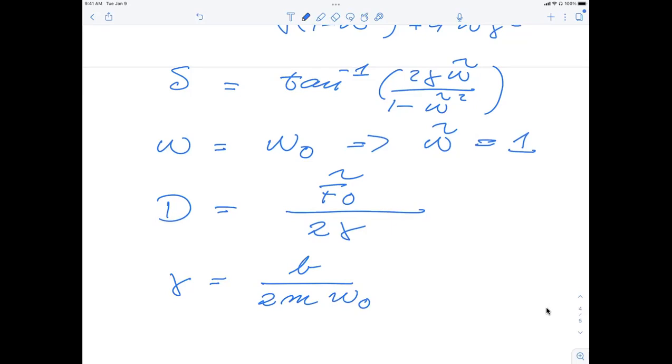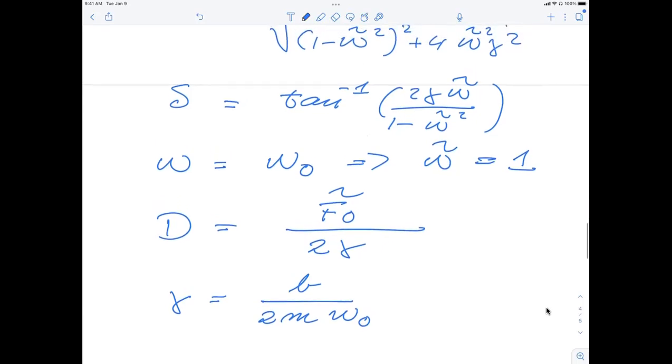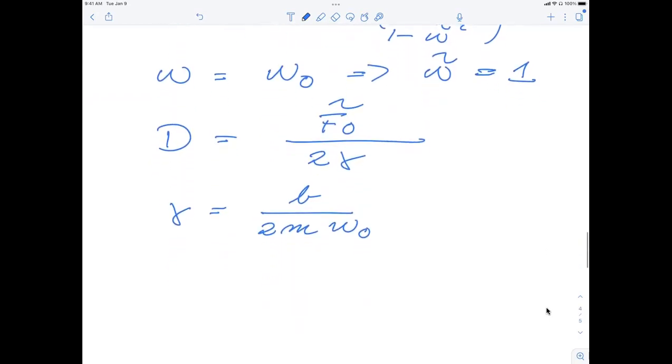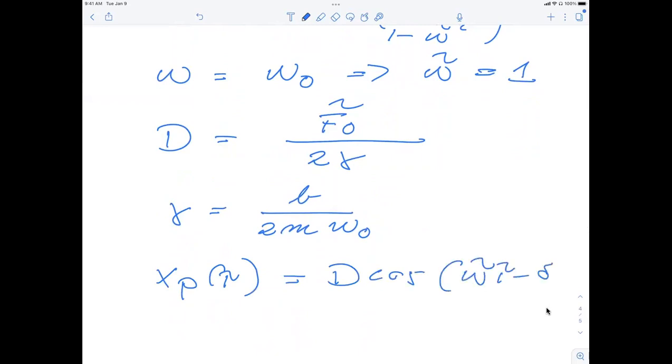So let me just bring this down a little bit so you can see this D. Remember now that the solution, this X particular here, of tau, is given by D times cosine of omega tilde of tau minus this delta.